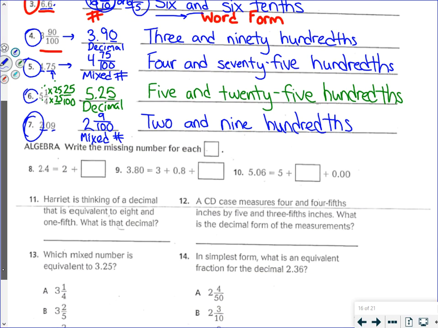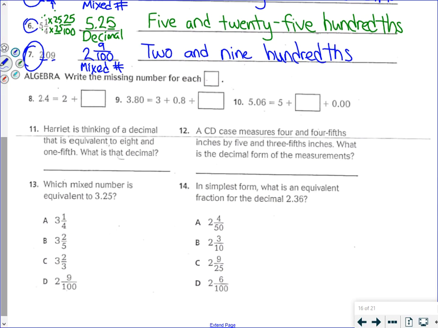moving down here. Work on 8 here together. We'll do 8 together. So we need to write the missing number for each box. Okay, write the missing number for each box. So remember, it doesn't matter where our equal sign is. This part has to equal this part. Okay, so 2 plus what gives us 2.4?